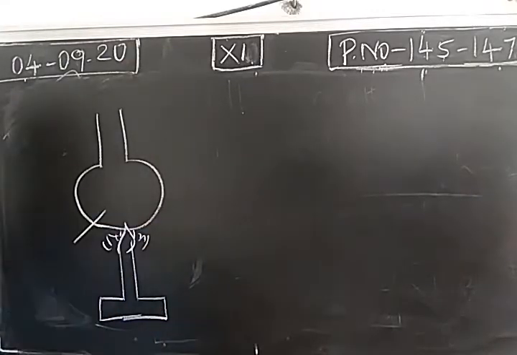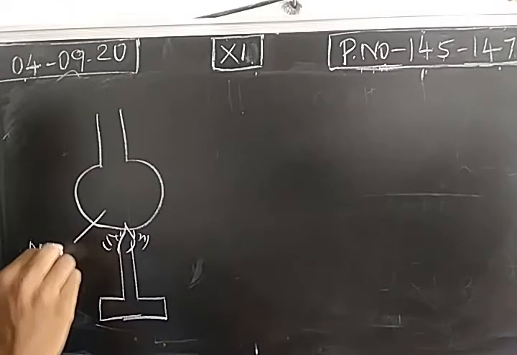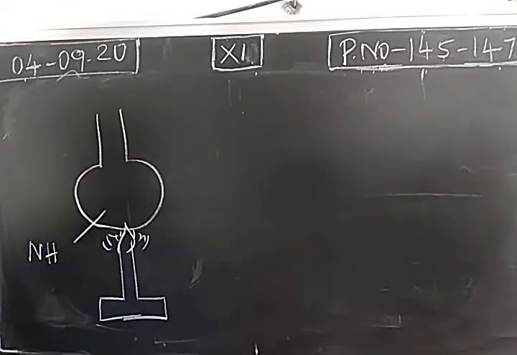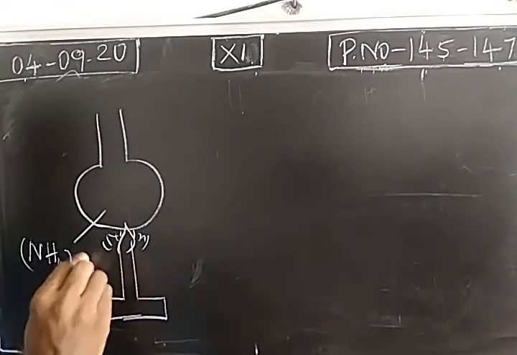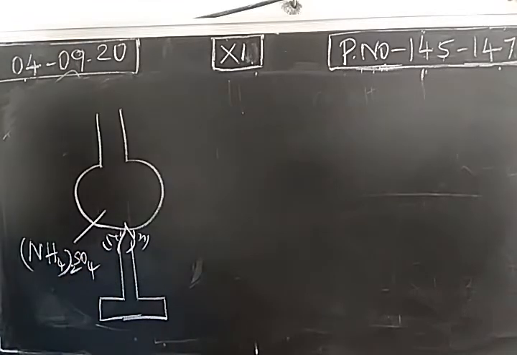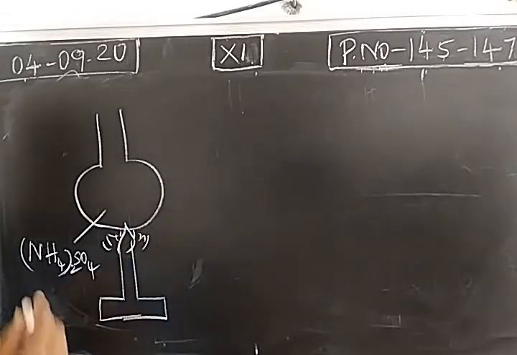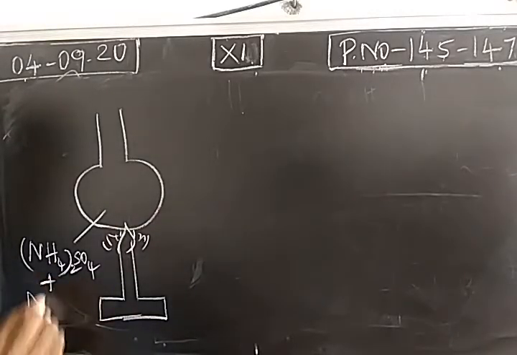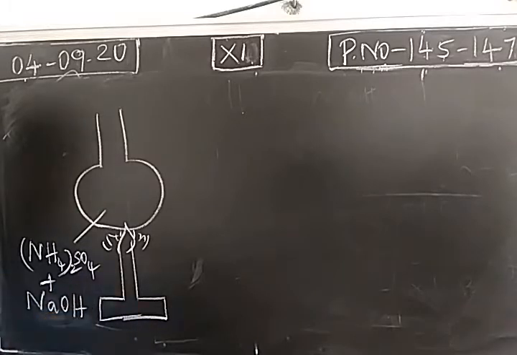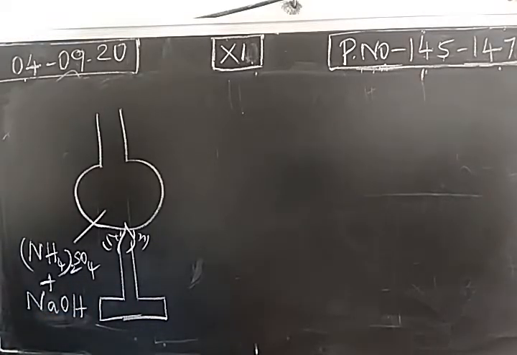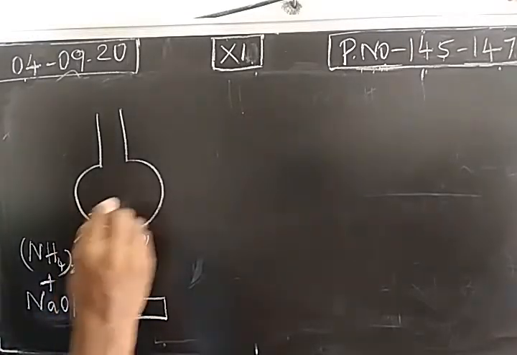Here we take the substance obtained in the Kjeldahl's flask, that means ammonium sulfate. Ammonium sulfate is taken in the 1 liter round bottom flask. With this we add sodium hydroxide solution. Excess of sodium hydroxide will be taken.